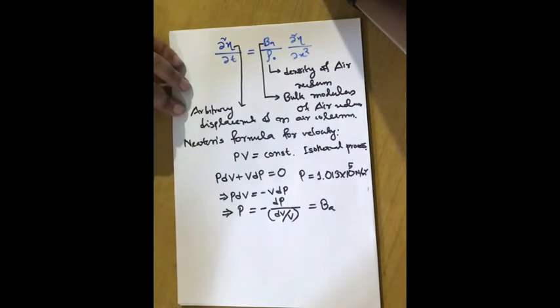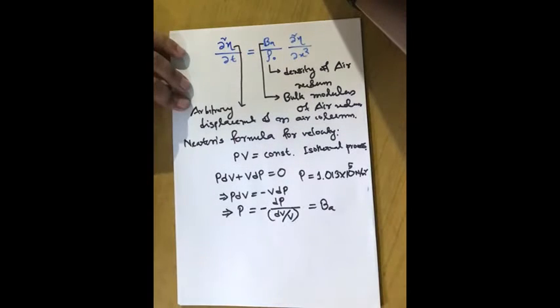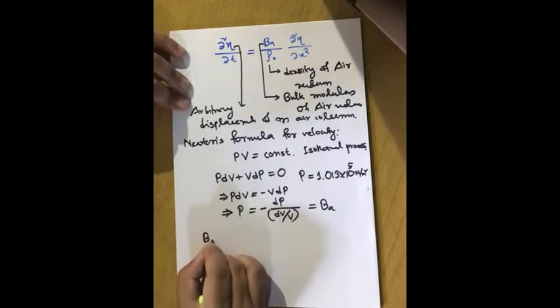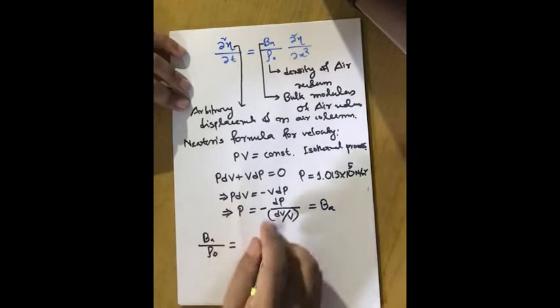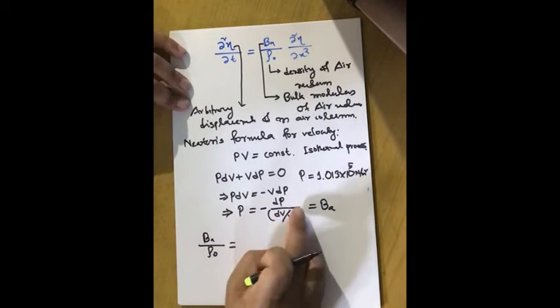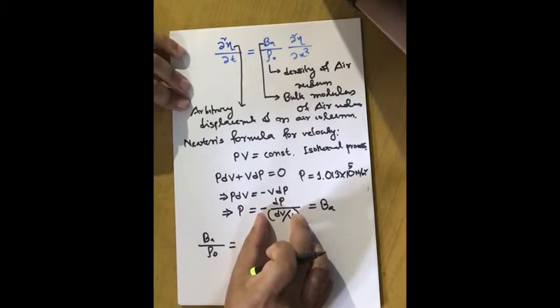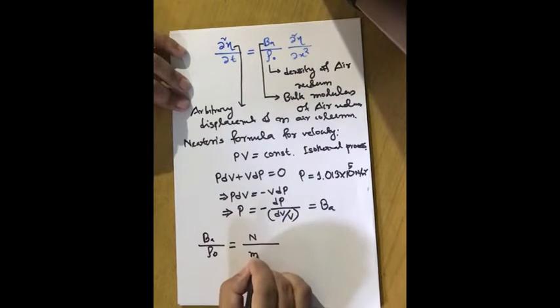Let me check that dimension with a dimensional analysis. Ba is dP over dV by V, and volume by volume is dimensionless, so we have to consider the unit of pressure, which is newton per meter square.